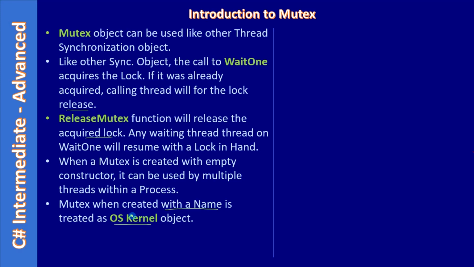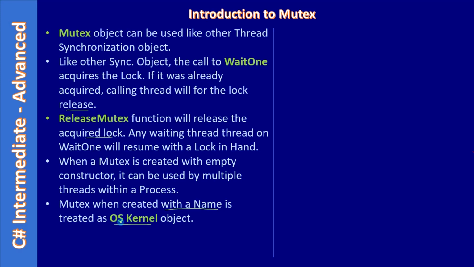When multiple processes create the mutex with the same name, or one process creates the mutex and another process gets or references the same mutex, then one or more processes are using the same mutex, and the mutex is maintained by the OS kernel.